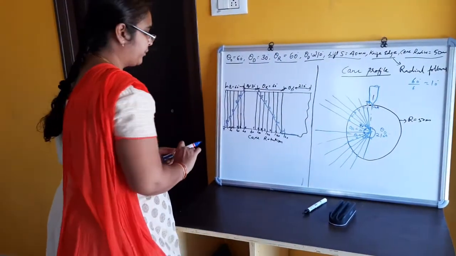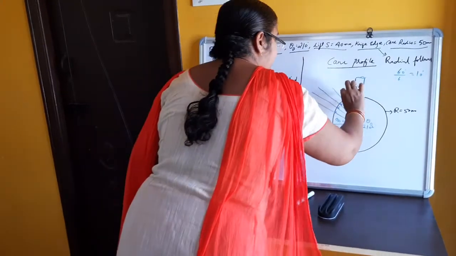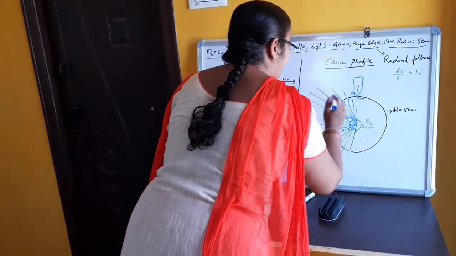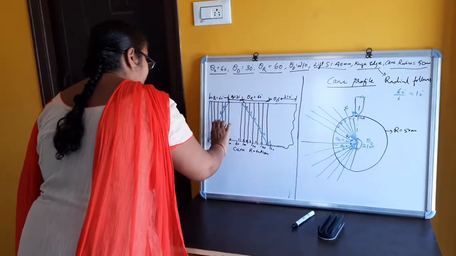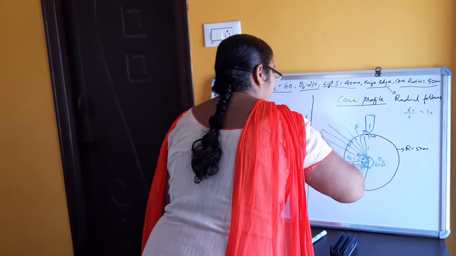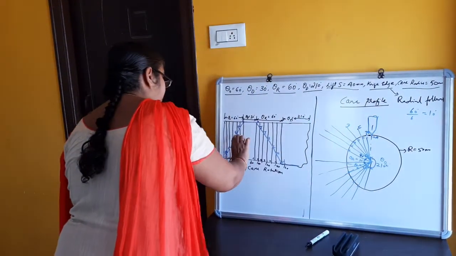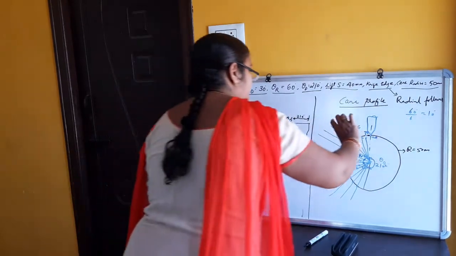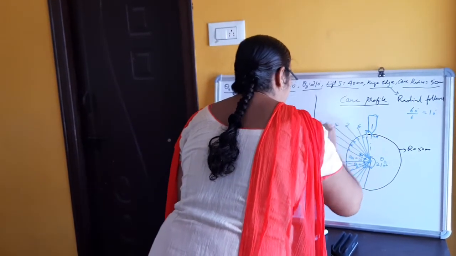an arc. Now measure the distance from 2 to C and transfer the same with the help of a compass. Call it as C. Next, measure the distance from 3 to D. So 3 to D, draw an arc. Next, 4 to E, compass.